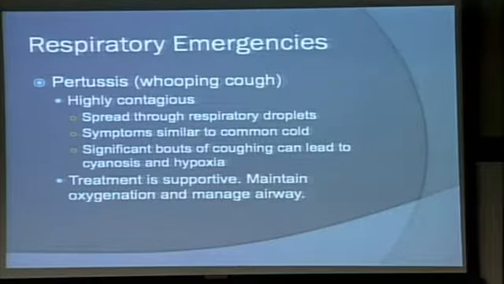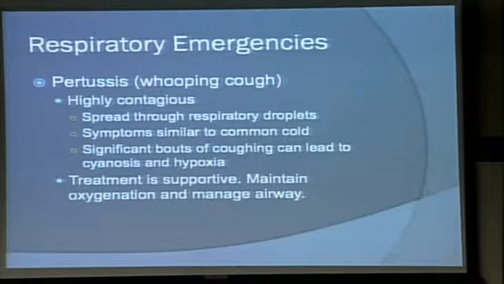Pertussis, which we are now seeing on a regular basis because the Darwinian principles haven't taken over entirely, and so we still have people who are not immunizing their kids, and their kids haven't got the rest of us yet. So pertussis is extremely contagious, spread through respiratory droplets.